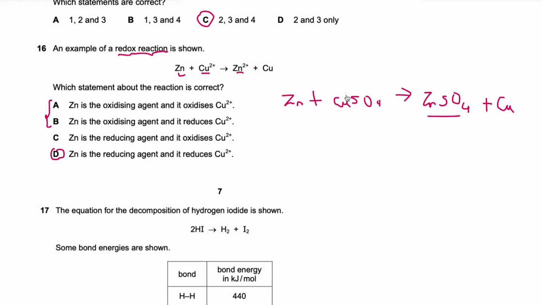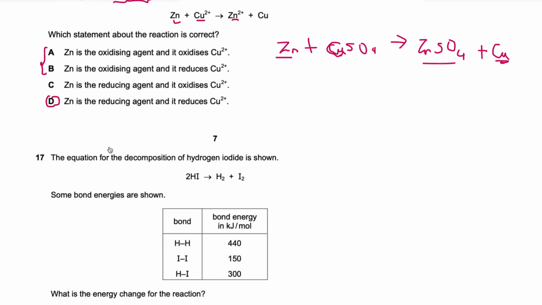It will reduce this one and bring this copper out, reducing it to what? To copper ion. To reduce this copper from this copper to this copper 2 ion. So this is a reducing agent that will reduce the copper that was here in a compound to element. So that's why this is the most correct one.